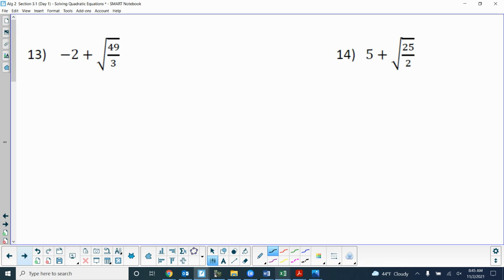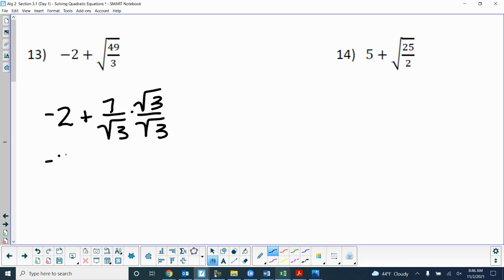All right, what about that 49? The 7, right? So do that. You know, make it easier on yourself. Then do what with the radical 3? Okay? Now what I told you guys to do is change this from 2 over 1 to what?